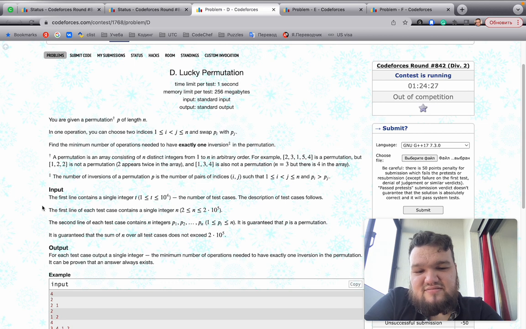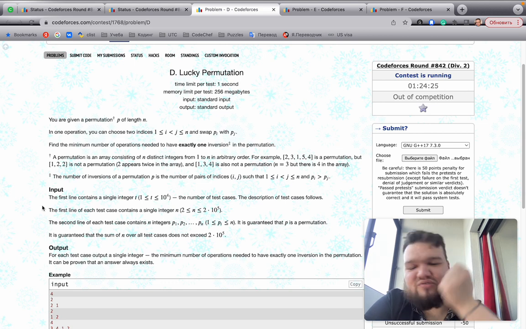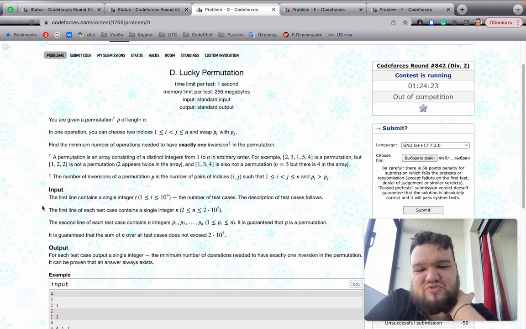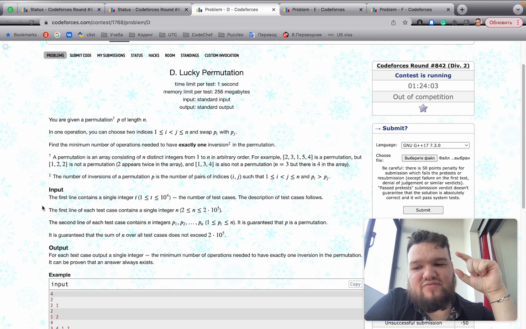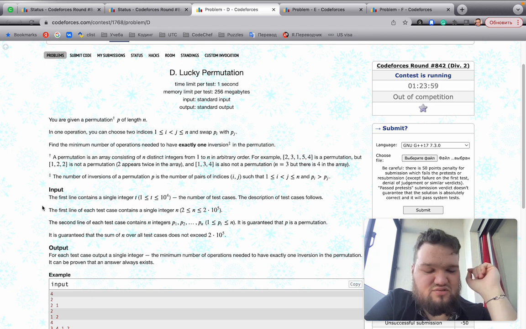How to find k? How to sort the permutation in minimum number of swaps? For that, we have to think about the permutation as a collection of cycles, and each swap, if we swap two elements from different cycles, we will unite these two cycles into one big cycle. If we swap two elements from the same cycle, we will split this cycle into two cycles.